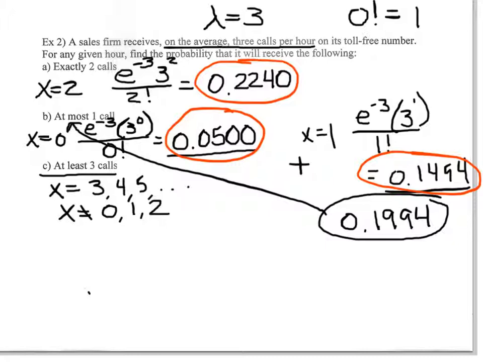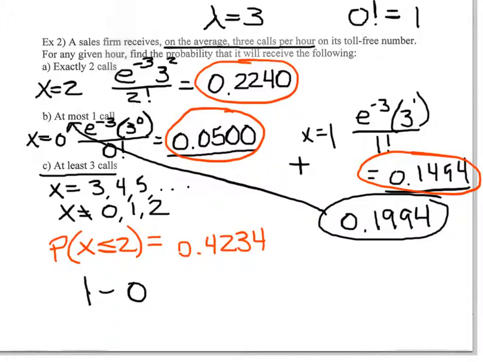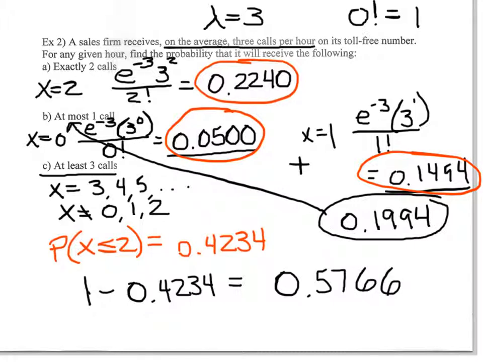If I take those three things and add them together, the probability that x is less than or equal to 2 is going to end up being, that's the complement of what I want. Since it's the complement of what I want, just subtract it from 1. So the probability of me getting at least 3 phone calls in the hour is 0.5766.